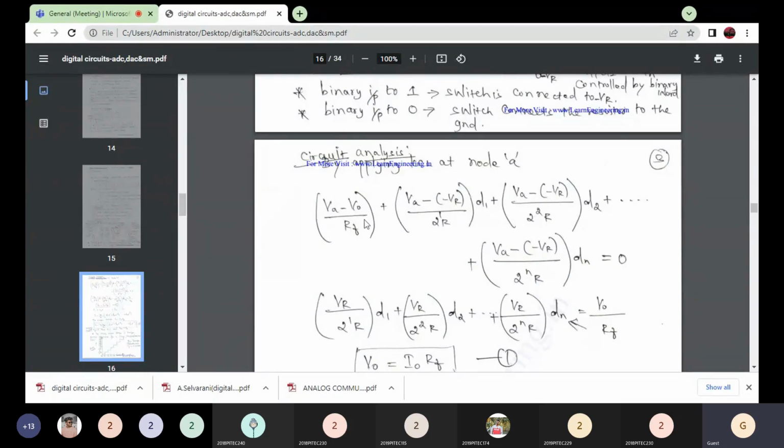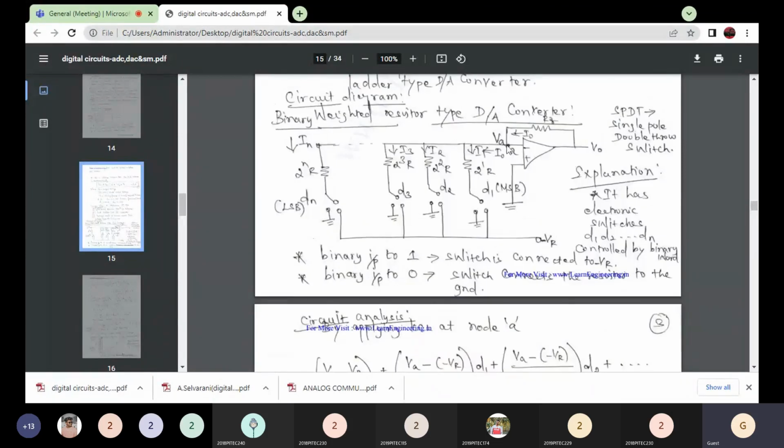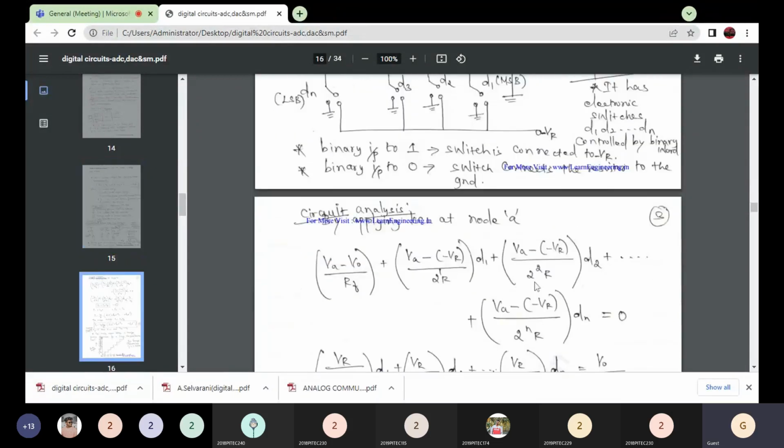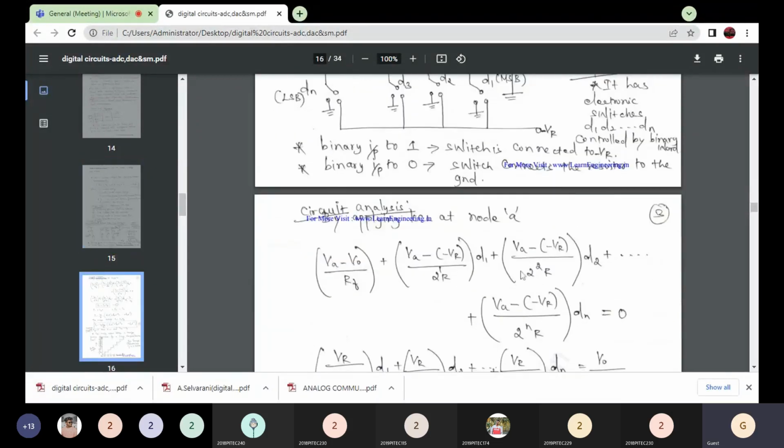You should know what the voltage VA at the node A is. This is the inverting terminal voltage, and the non-inverting terminal is grounded, so the same voltage should be present here. So VA is also 0. In this current equation, you substitute VA equal to 0.